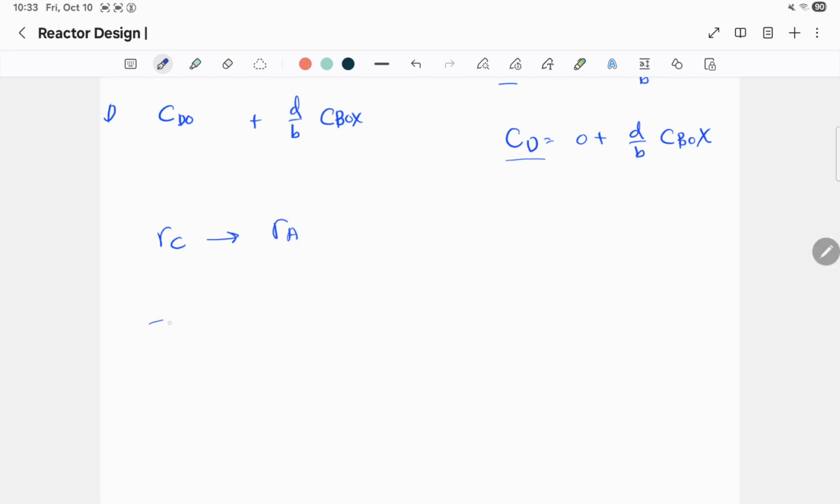You'll basically use this formula here, which states that negative RA over A equals negative RB over B equals RC over C equals RD over D. And we're assuming we have this reaction.